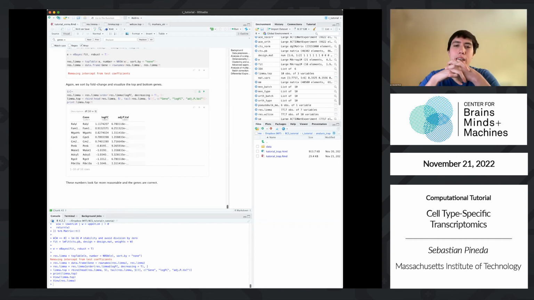Shrinkage is mainly because differences between two genes might be extreme, and it might prevent you from detecting a change. But if you're just looking at one gene, a log fold change of, I mean, depends on what log scale you're using, but a log fold change of 1 is twice as much, right?